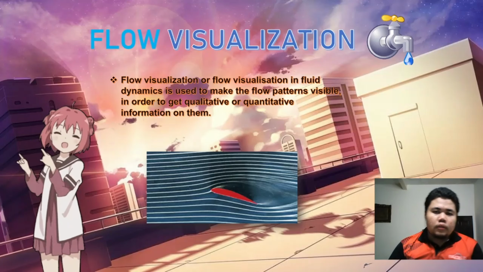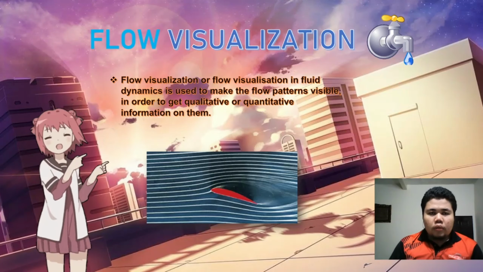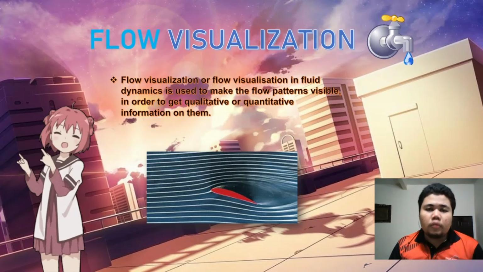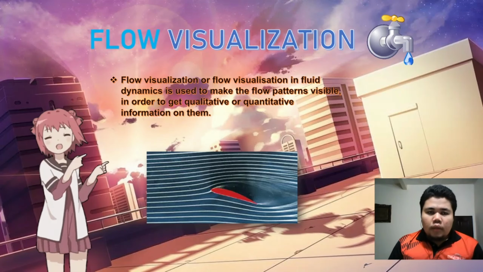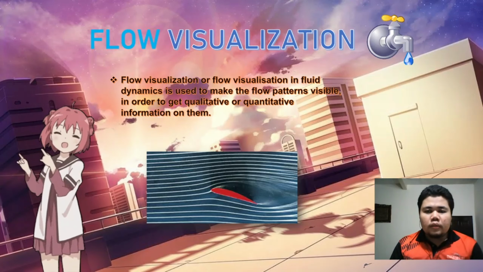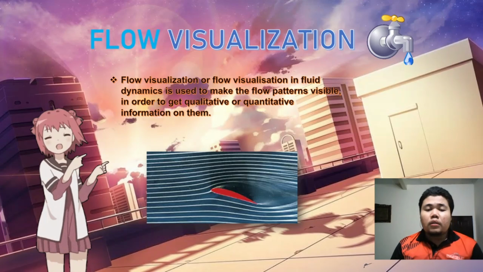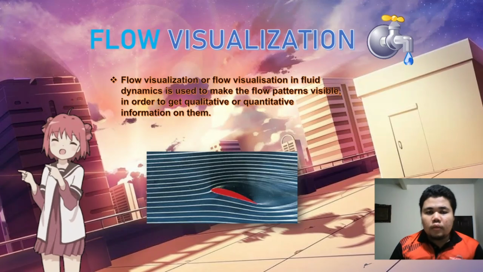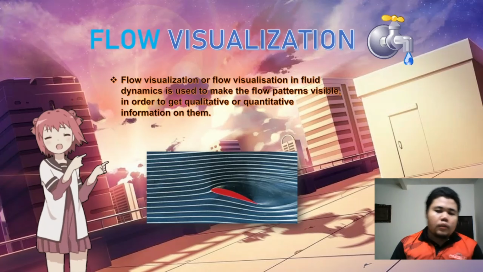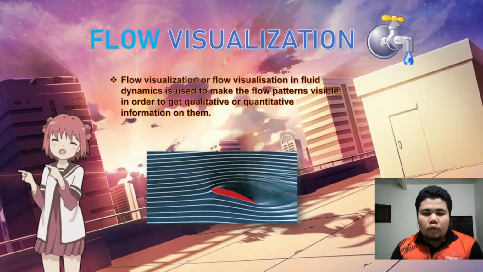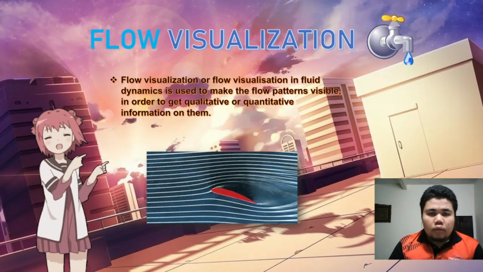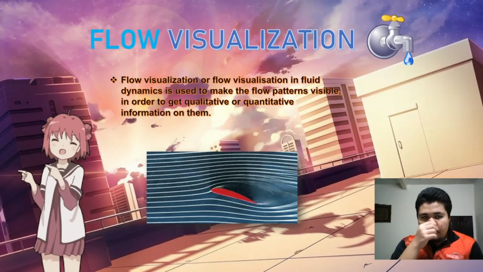For the next, we're going to talk about flow visualization. So what is flow visualization? Flow visualization in fluid dynamics is used to make the flow pattern visible, as you can see in the slide here, in order to get qualitative or quantitative information on them.